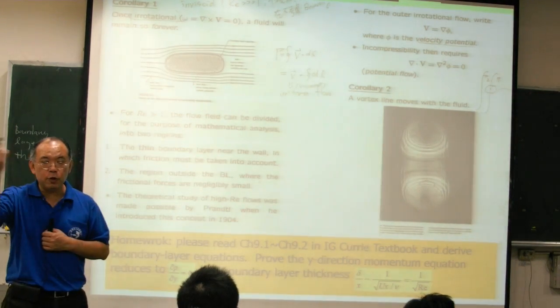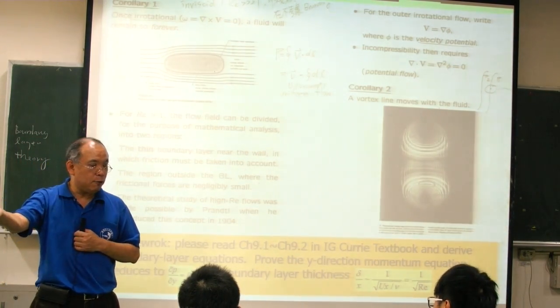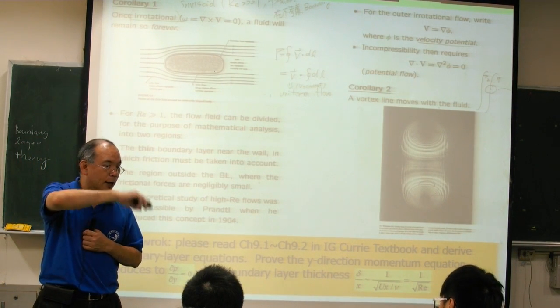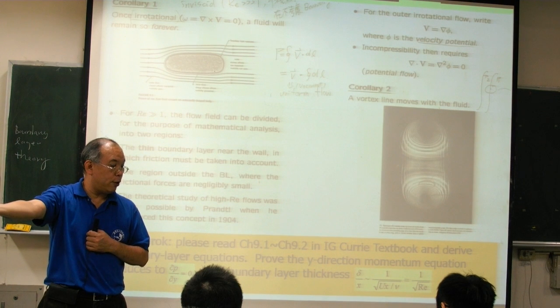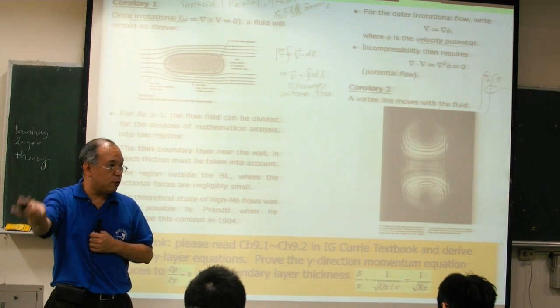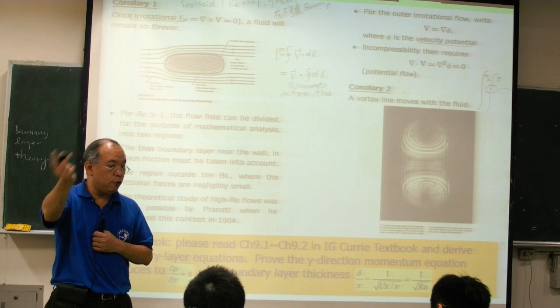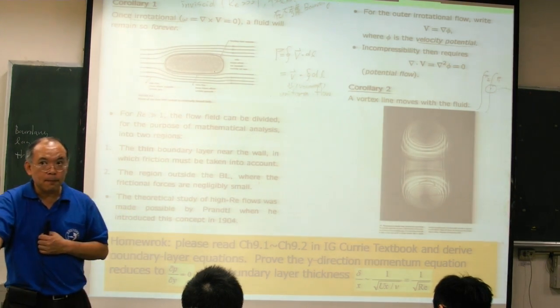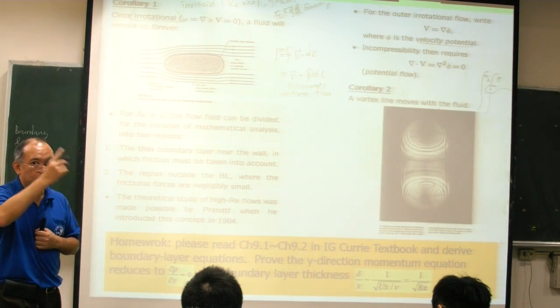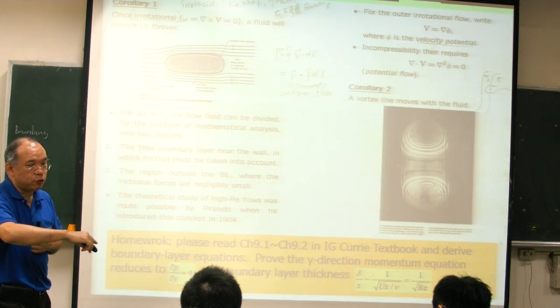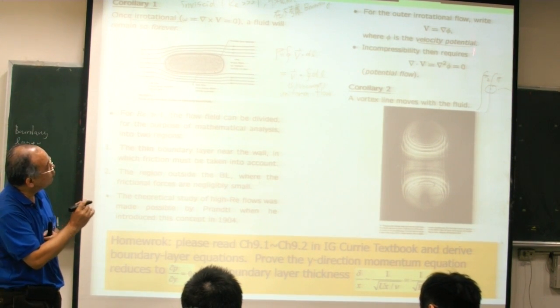And through the Bernoulli equation, which I will prove later, from the velocity field I can get the pressure field, because the relation between the pressure and velocity is given by the Bernoulli equation. So I have the velocity field and pressure field through this potential flow.